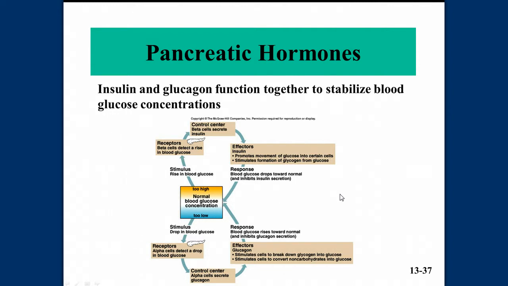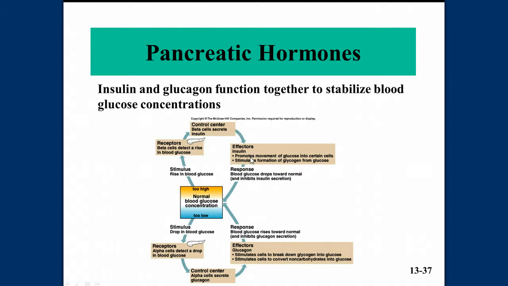Okay, here's our figure 8 again. Insulin and glucagon function together to stabilize blood glucose concentration. When blood glucose is too high, there are receptors that sense the amount of glucose in the blood. Rise in blood glucose receptor, the beta cells detect a rise in blood glucose. The control center, the beta cell, secretes the insulin.